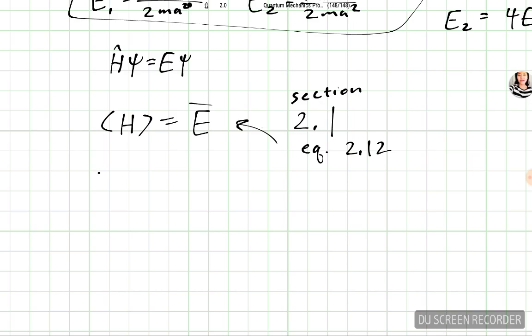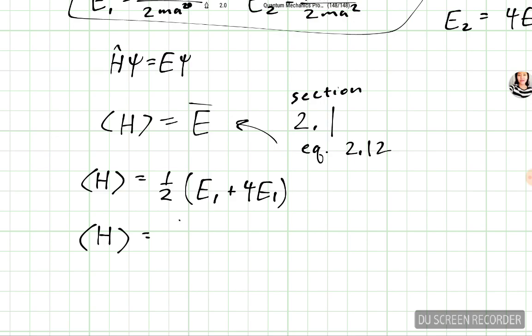So that means that my Hamiltonian is just going to be this guy, E1 plus E2, which is 4 times E1, not 2 times.